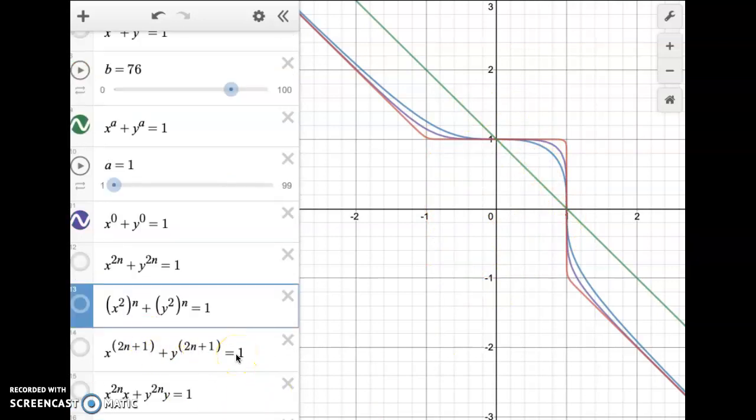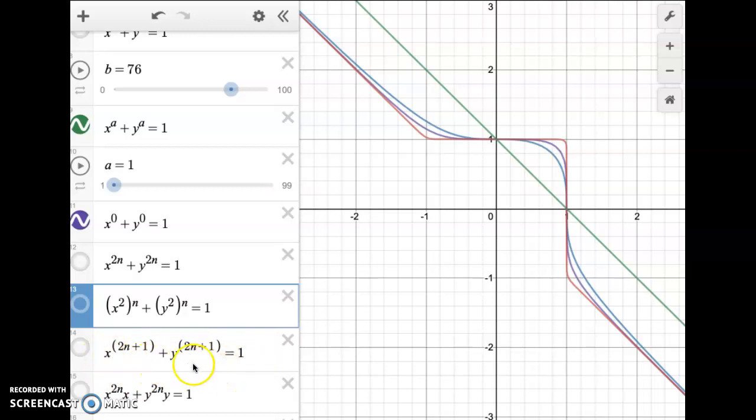Similarly, we can think about odd functions in the same way, just rewriting their equations using the definition of odd numbers. When we look at any equation with an odd exponent, we know that we can rewrite it as x to the 2n plus 1 plus y to the 2n plus 1 equals 1 for any integer n.